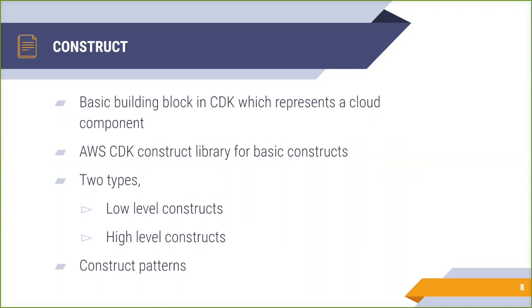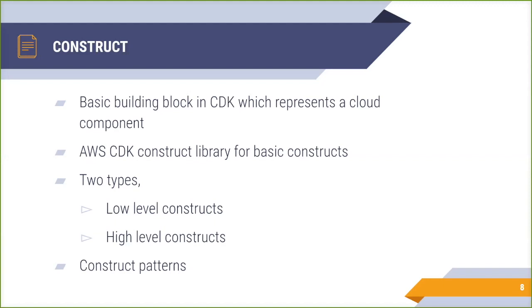Let's say we have a VPC with several subnets and some EC2 instances, and also a load balancer. This can be a construct. Now, an EC2 instance would be a construct, a VPC would be a construct, a load balancer would be a construct. After combining all these constructs, we can create a high-level construct which we can reuse.